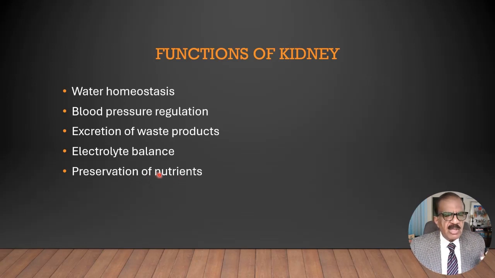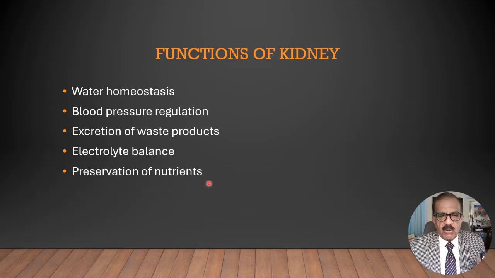Their renal threshold may be low and they may excrete some glucose. And in diabetes, when your glucose level goes up and when it exceeds 180, the so-called threshold of kidney, the extra is excreted into the urine. But normally kidney preserves every single molecule of glucose that passes through the nephron.